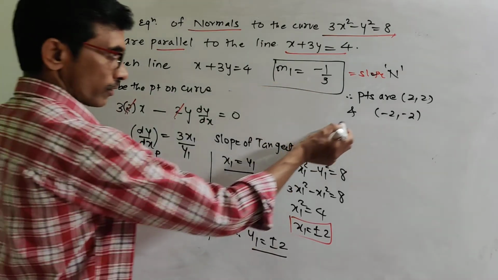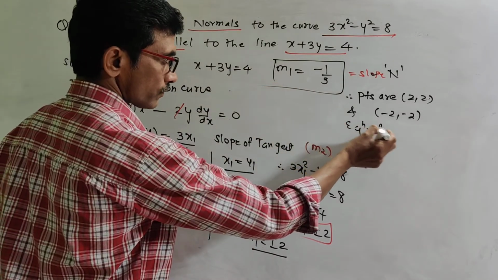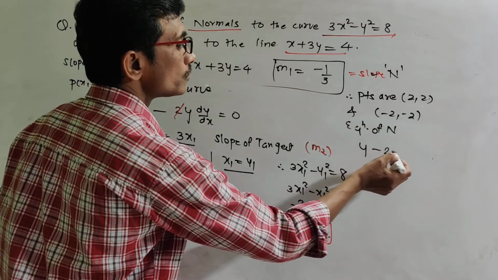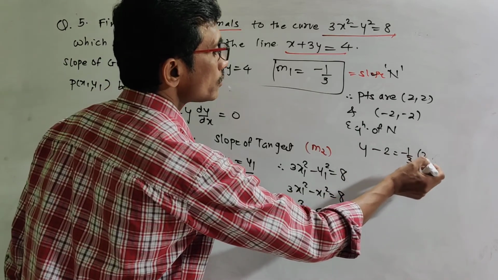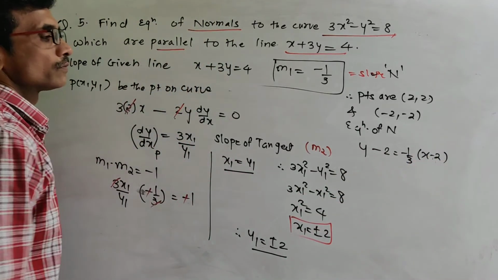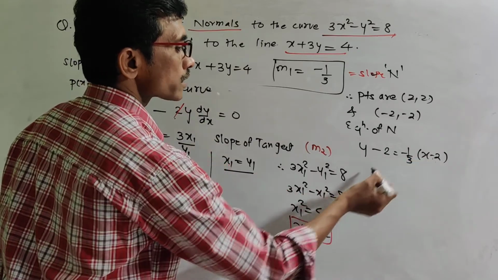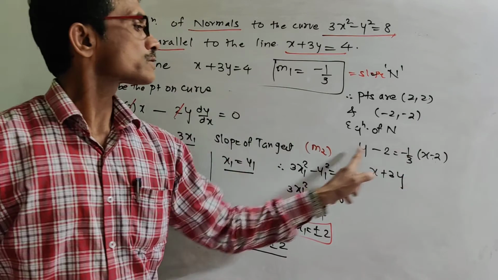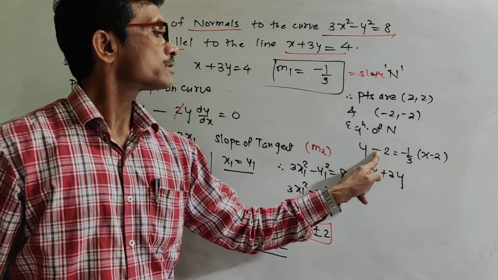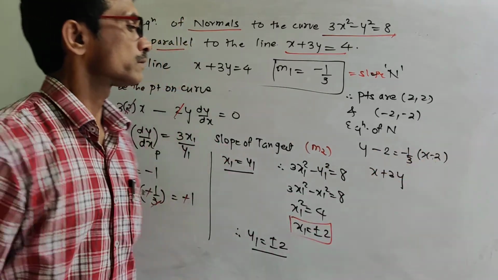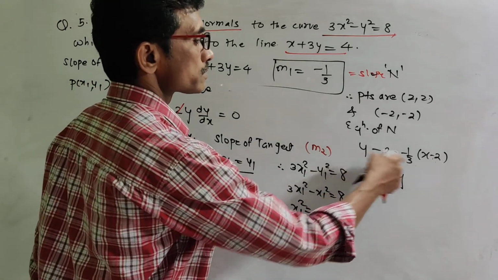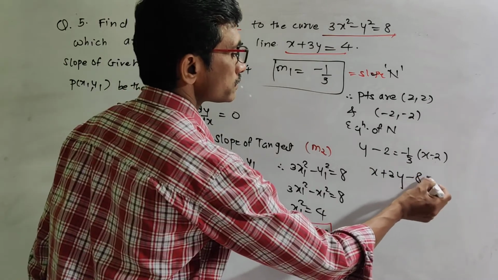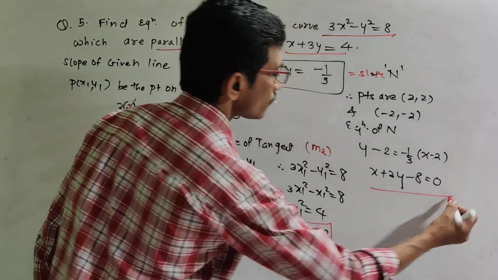So equation of normal: y minus 2 is equal to minus 1 upon 3 into x minus 2, which is x plus 3y minus 6, and this 2 here is minus 6 and minus 2, it is minus 8 is equal to 0, the equation of normal.